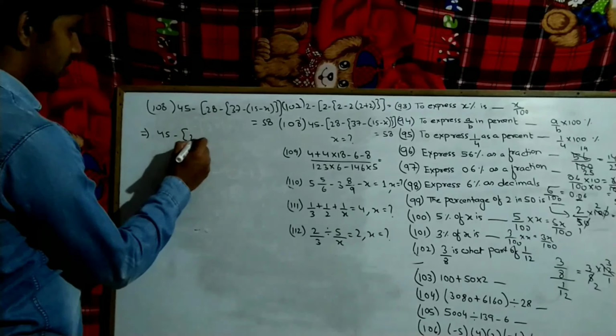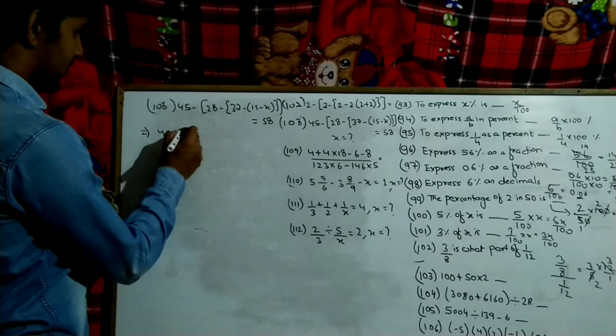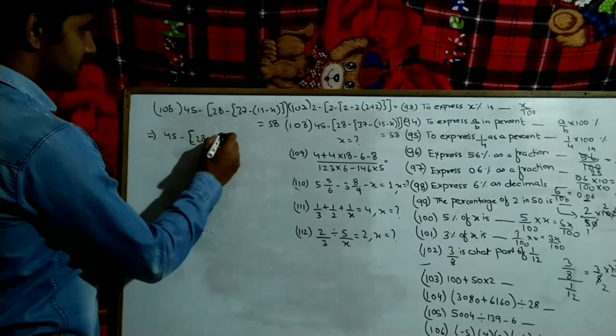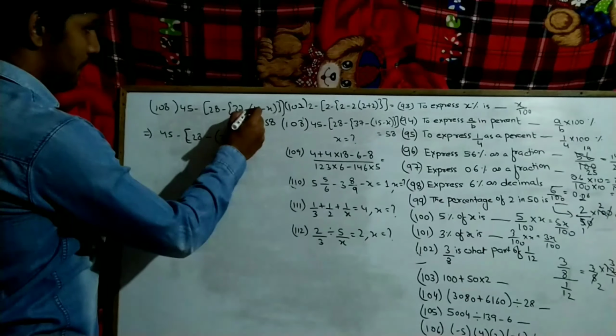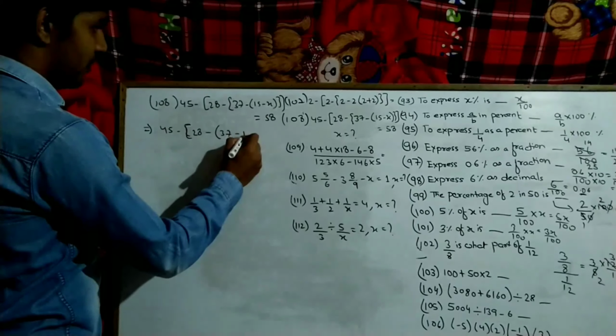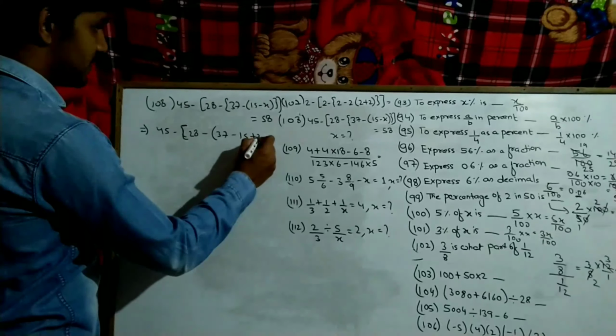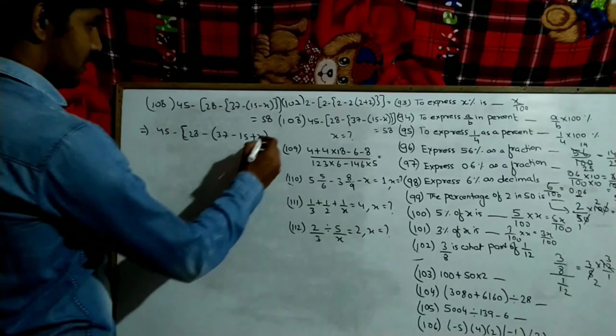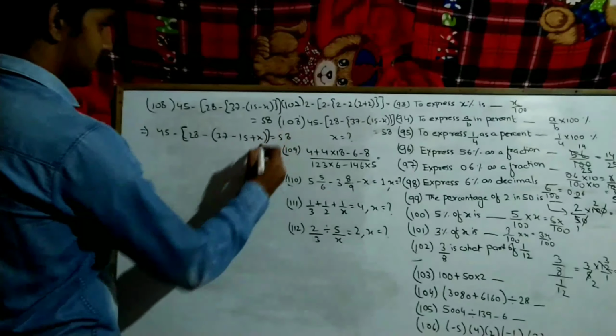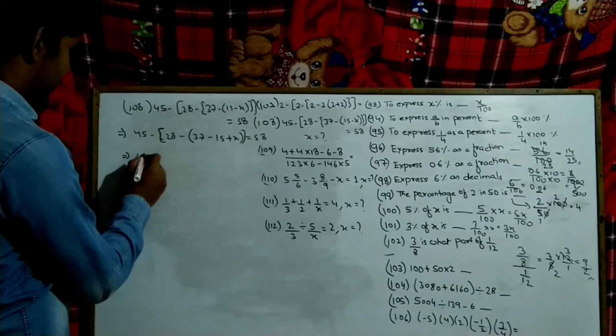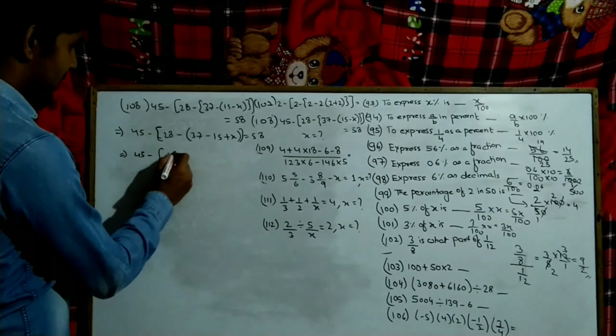45 minus 28, sorry, this is a big bracket, minus 37. Now open the brackets. Minus 15, minus minus becomes plus x, is equal to 58. Clear? So now 45 minus 28.